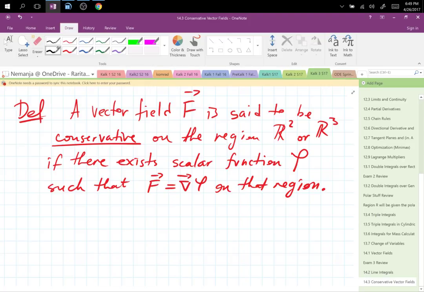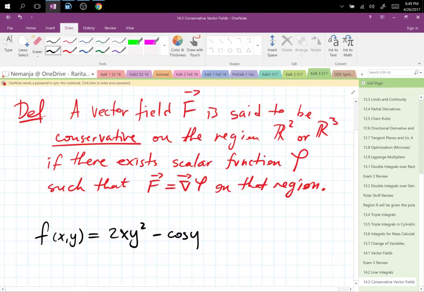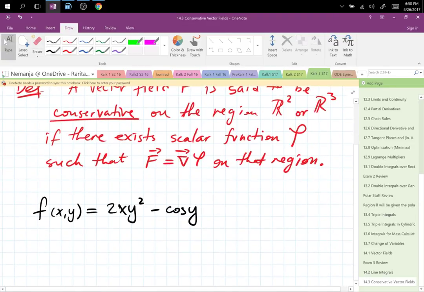So if you have f of, let's say, x y to be 2xy squared minus cosine y, you can find the del f, which is the partial derivative with respect to x, which is just 2y squared, and then the partial derivative with respect to y, which is 4xy plus sine y.